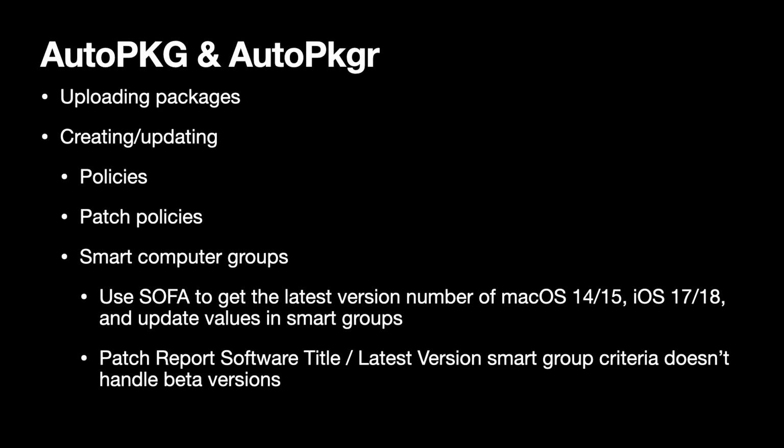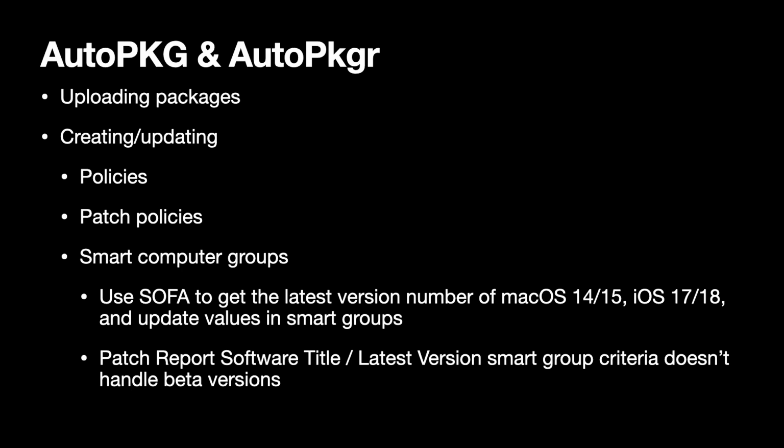But we also use it for creating smart groups to tell us whether the latest OS is on the machine or not. So we use the SOFA project, which is a project that records all the latest versions of macOS and iOS, and then we can basically just pull their JSON into an AutoPkg recipe and then update our smart groups with, if today 15.3 is the latest version, update the smart group for that.